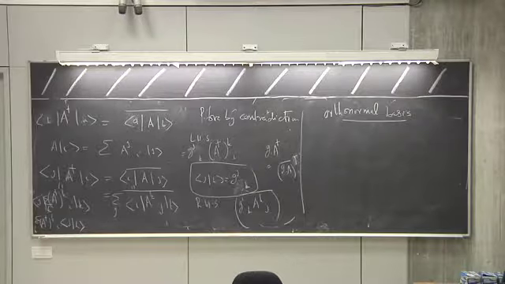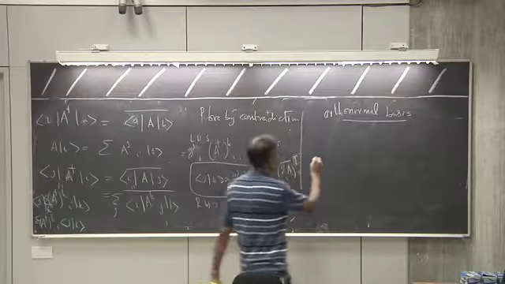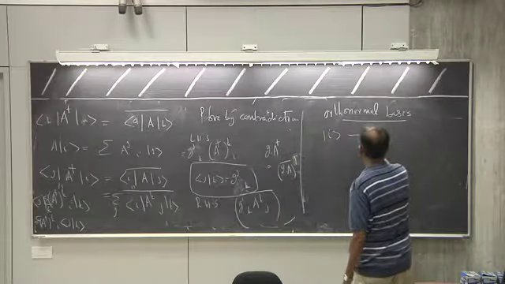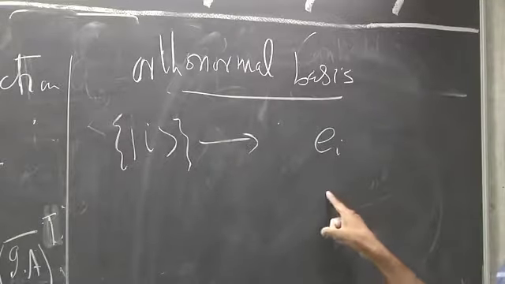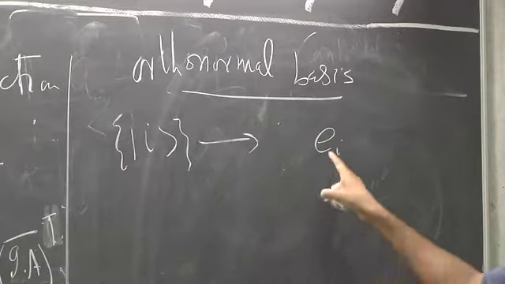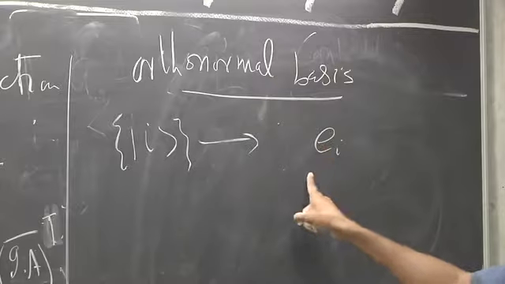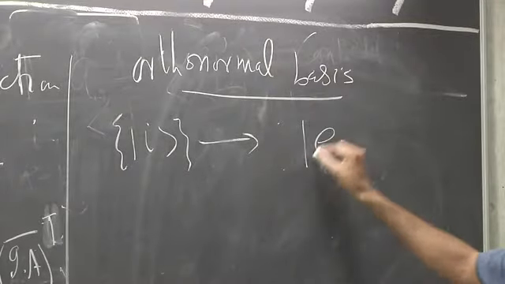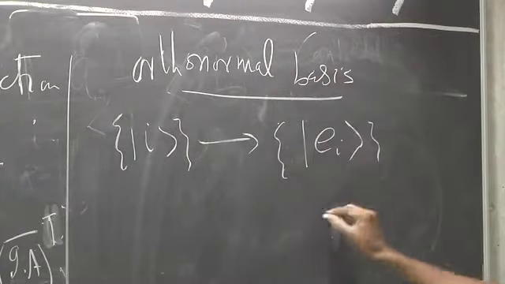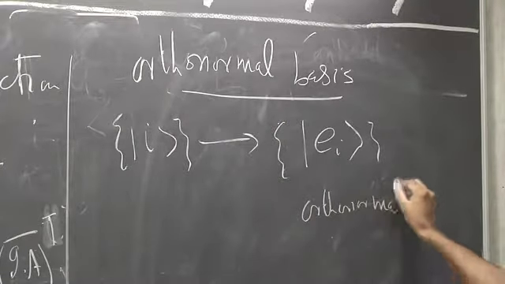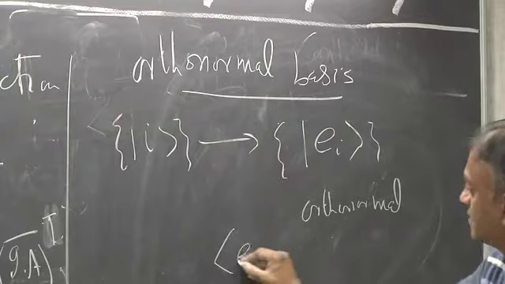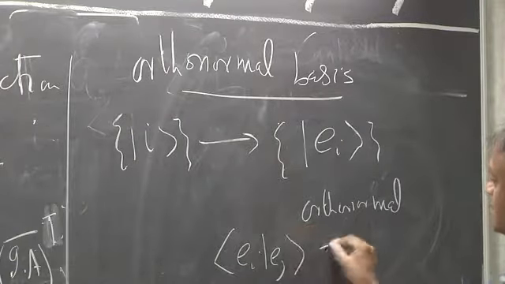So from the basis, you can always go to the basis which I will always denote by EI. Whenever I use an orthonormal basis, to distinguish between the two, I will use this symbol EI. So this will be the orthonormal basis, which means that EI with EJ is delta IJ.